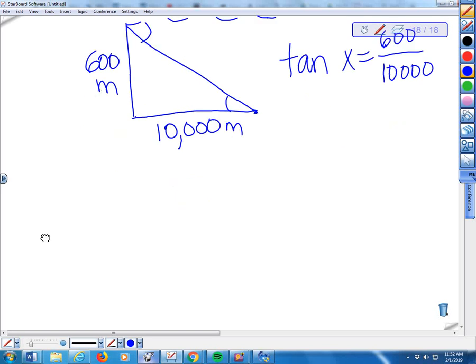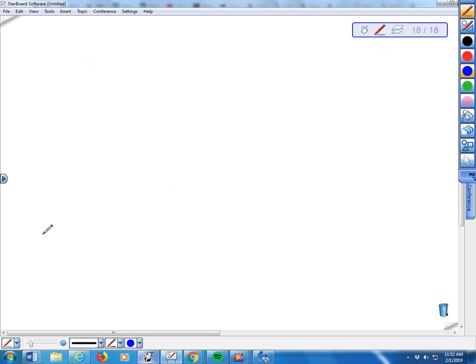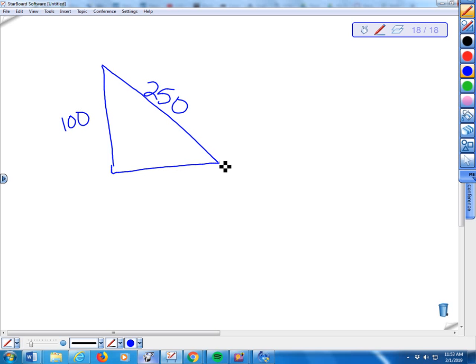Number 2, a ski slope is 250 yards long with a vertical drop of 100 yards. Find the angle of depression, which is going to be the same as the angle of elevation. So which trig function do I use?